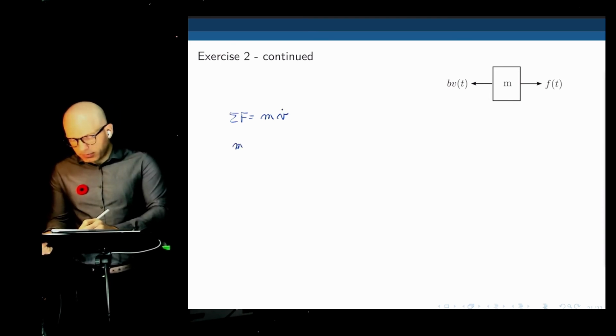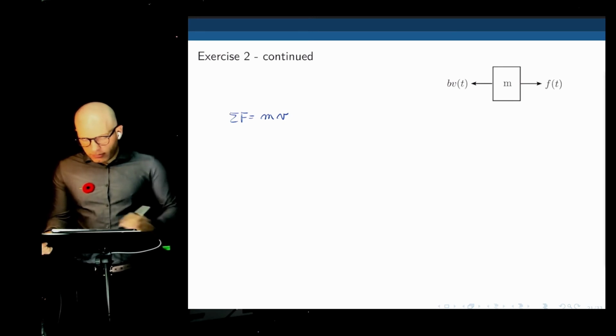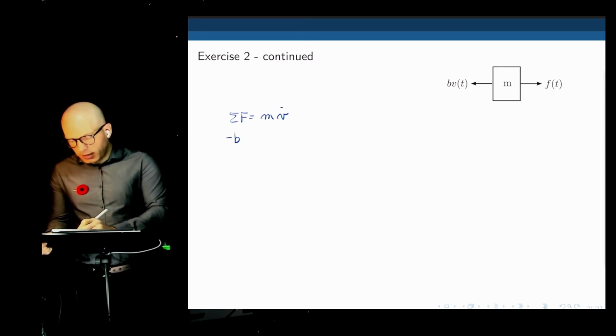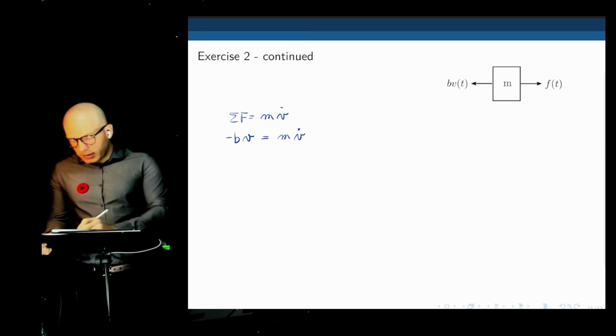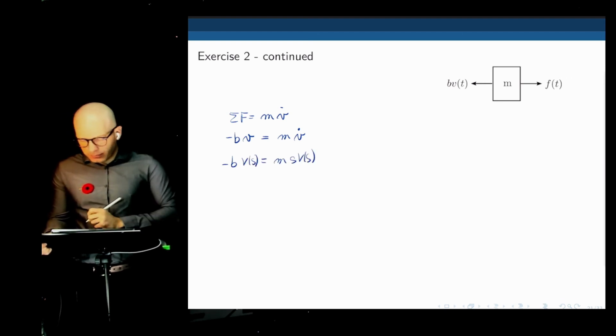The sum of all forces is the force minus b times the speed, and this equals m times v dot. We can take the Laplace transform: F(s) minus b V(s) equals m s V(s).